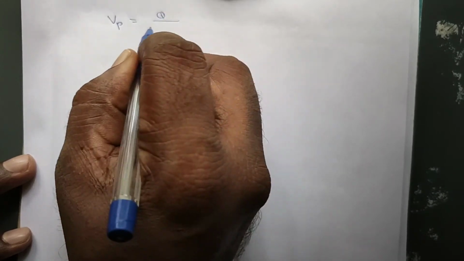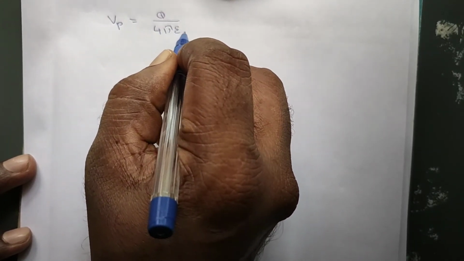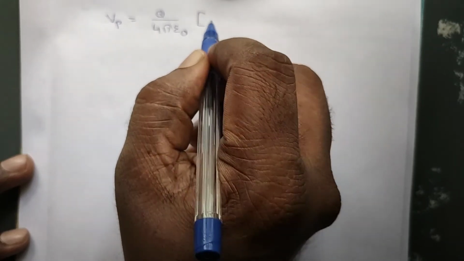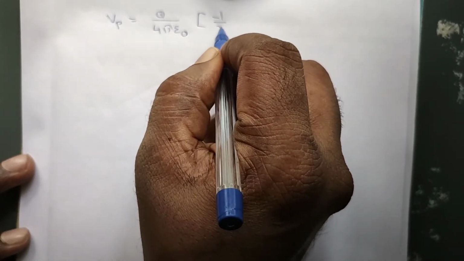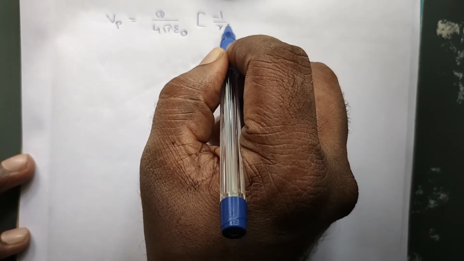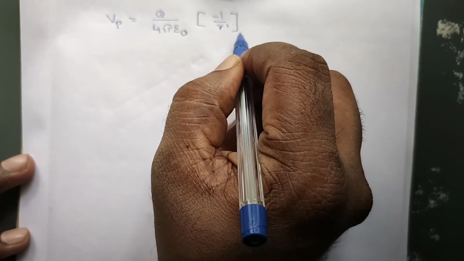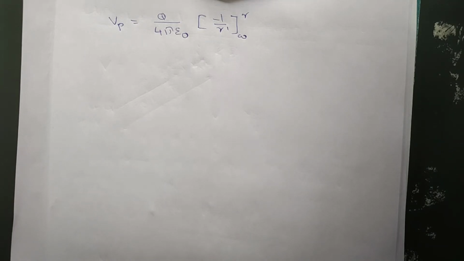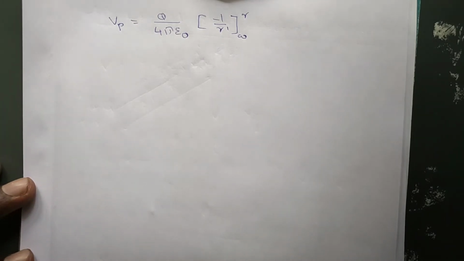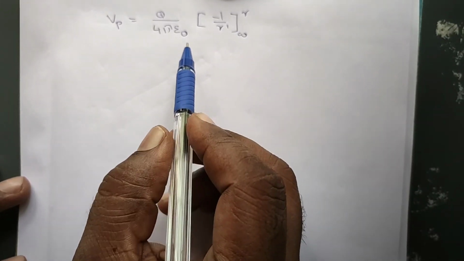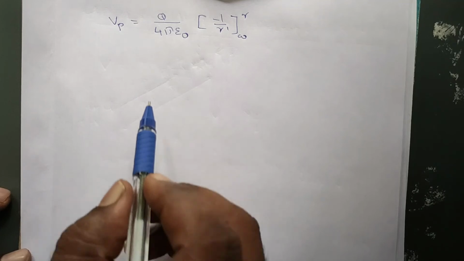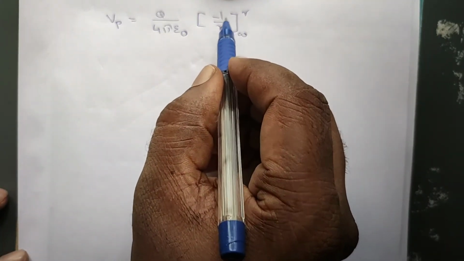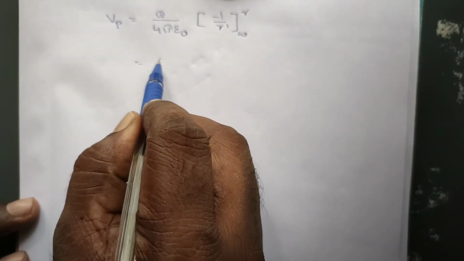Vp is equal to Q divided by 4 pi epsilon naught, minus 1 by R dash, infinity to R. There we will get R dash power minus 1 divided by minus 1. Clear? Okay. Then now you are going to apply the upper limit and lower limit.